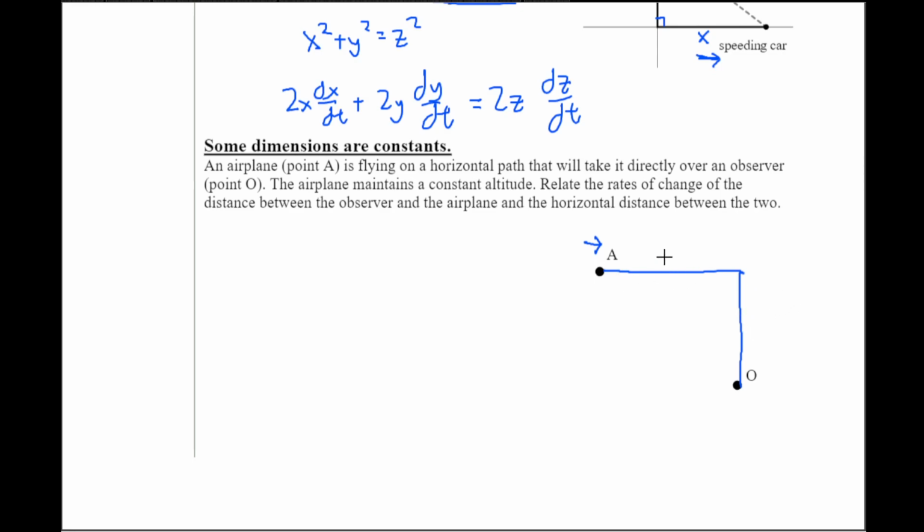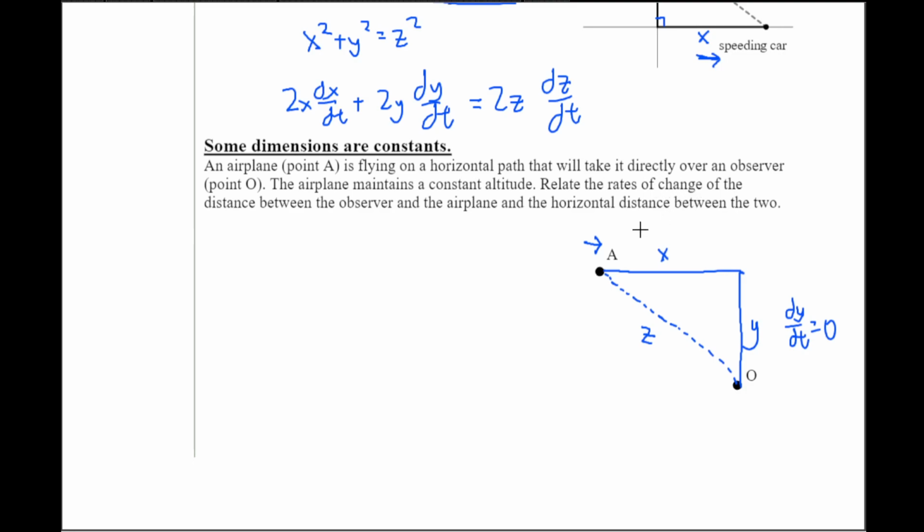So constant altitude, let's label these first. x direction, because it's horizontal, y vertical, and then we can have this distance here be z. The airplane maintains a constant altitude, so the y value never changes. So dy/dt is equal to 0, because the change in height or altitude doesn't change, it's just constant.